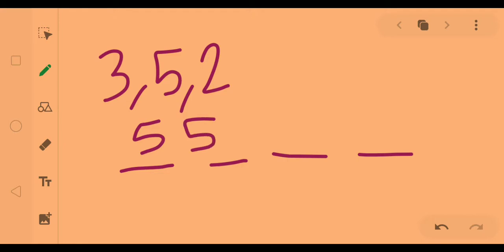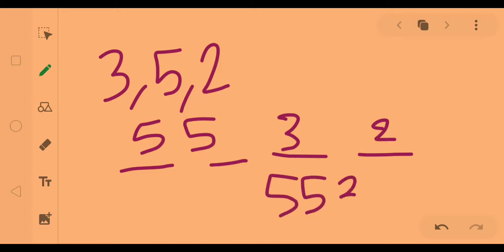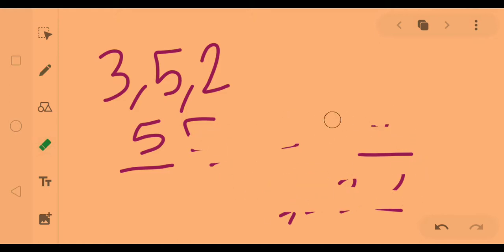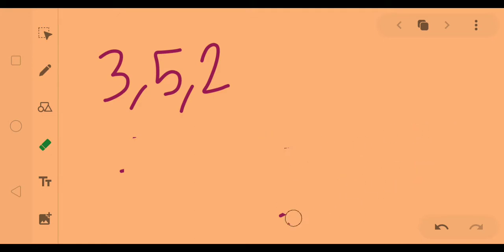Then the other 2 digits are 3 and 2. So the largest 4 digit number using 352 is 5532.